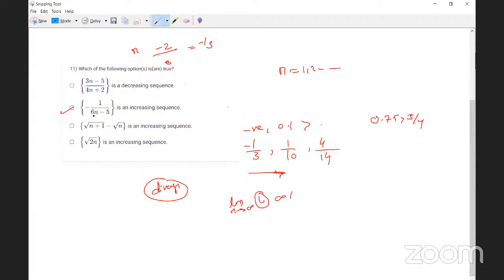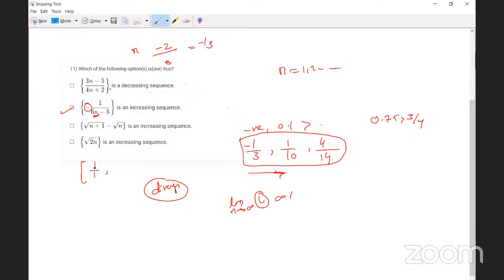Now you can check the second option. Just put n equals 1, 2, 3 and see whether our sequence is increasing. In the second option, if I put n equals 1, it is 1.